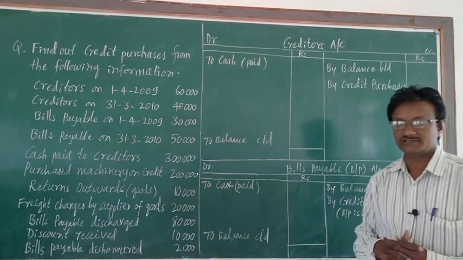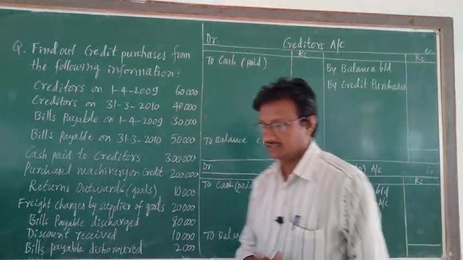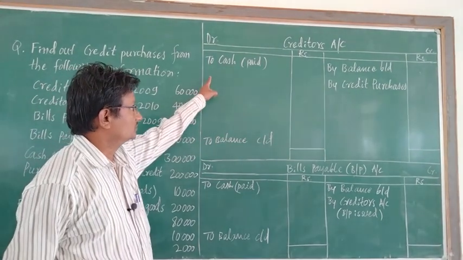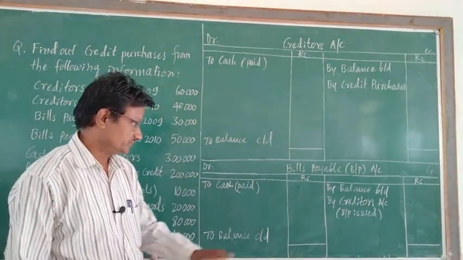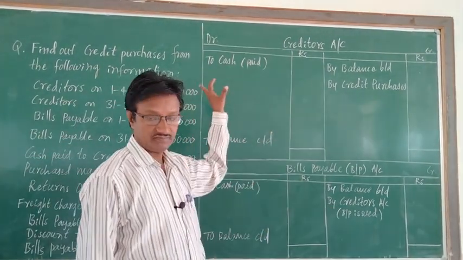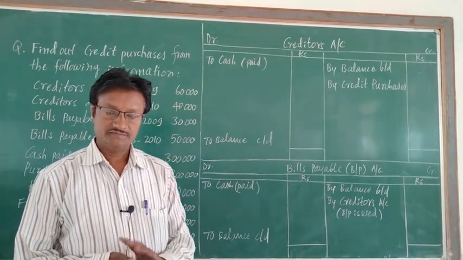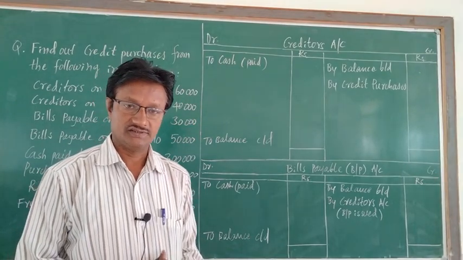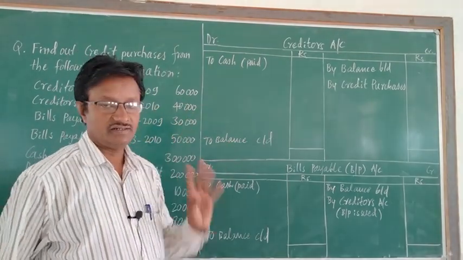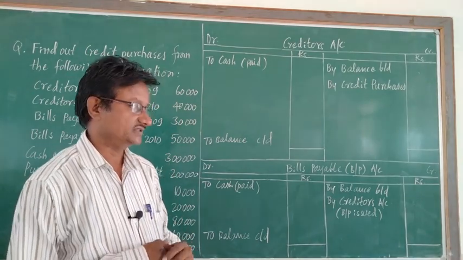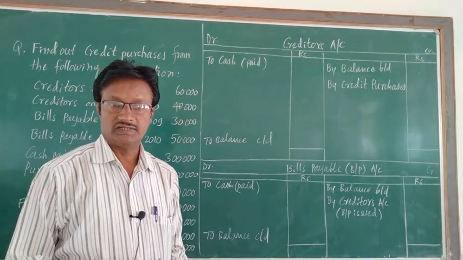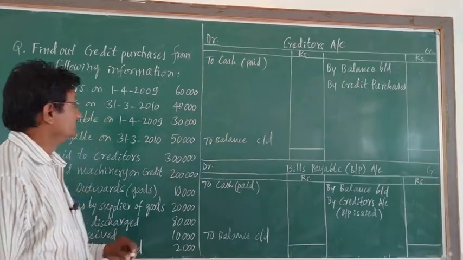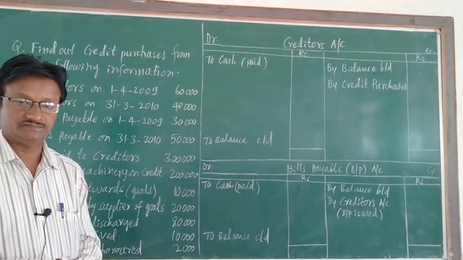For bills payable dishonored, one more entry will be on the credit side, and all other entries, to bills payable issued for contra entry, to purchase returns, and for discount earned, are made on the debit side of creditors account. So let us make entries one by one from the given information.